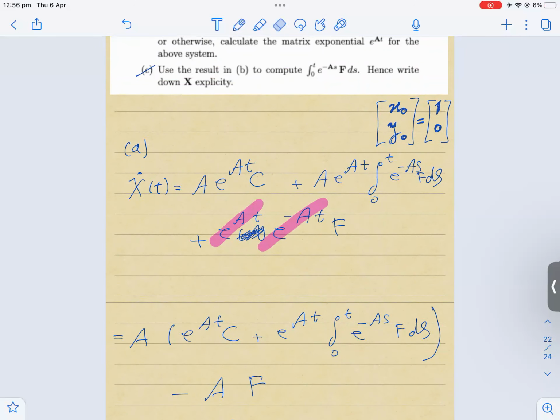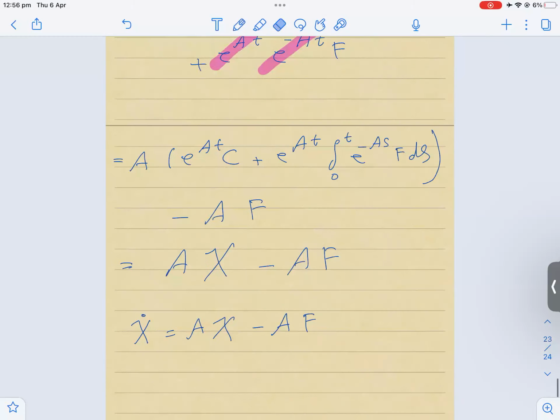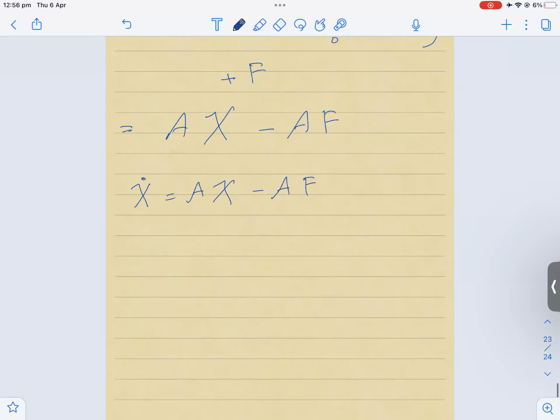There shouldn't be this here. Sorry. This is a real mistake. Plus f, that's right. Now everything is legal. Fine. Now, part B.